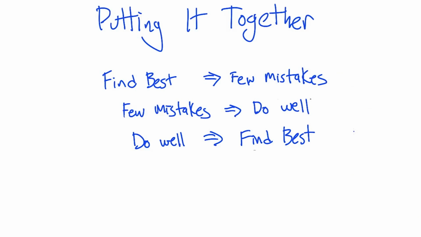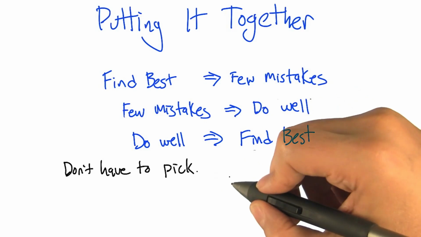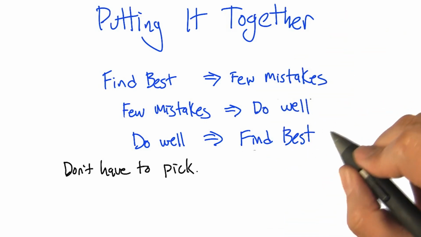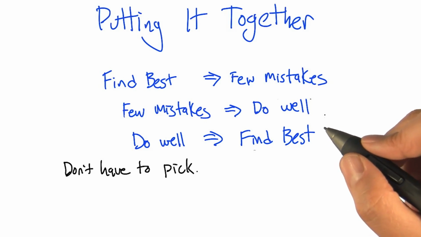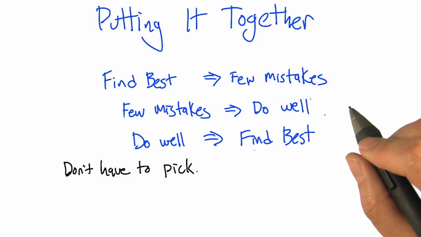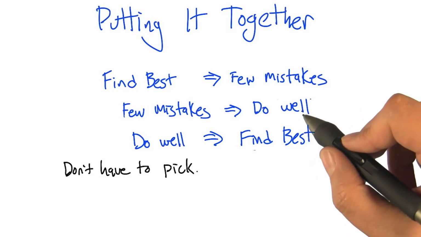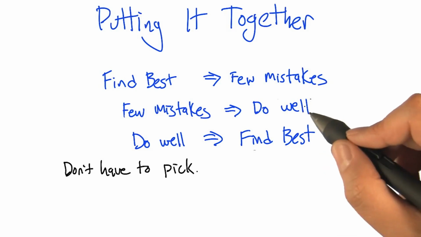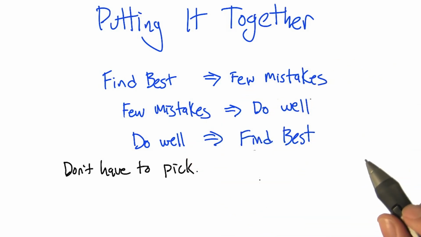So in a sense, what this is telling us is that we kind of don't have to pick among these 3 different optimality criteria because they're really all the same as each other. And you could sort of say that these must be the right ones to think about, because even if we don't think about, say, doing well on average per step, we would have to solve it anyway if we cared about any of these other things.